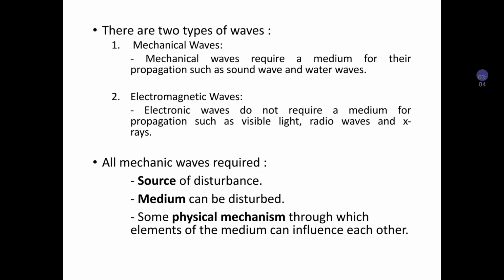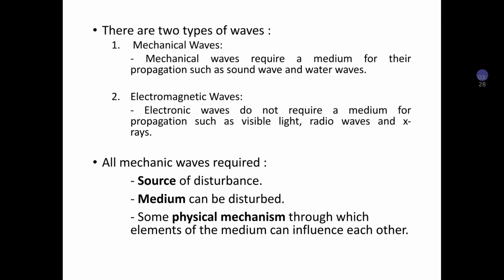Okay, so all mechanical wave required source of disturbance, iaitu sumber. Medium can be disturbed, which is medium yang mana kita nak mengganggukan dia. Ataupun contoh dekat air, air itu adalah sebagai satu medium. Gelombang air itu untuk propagate. Okay.